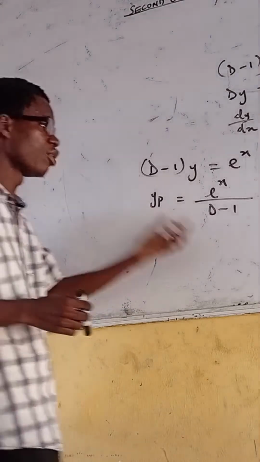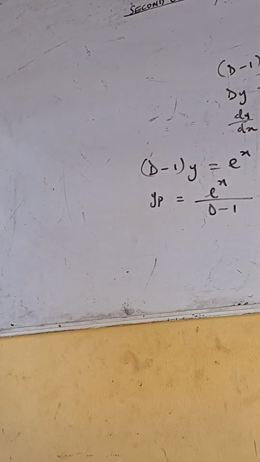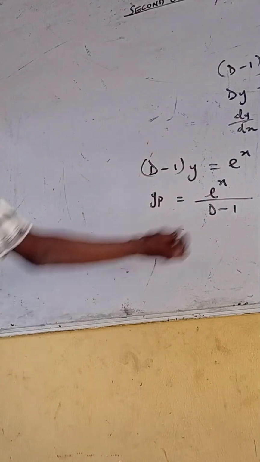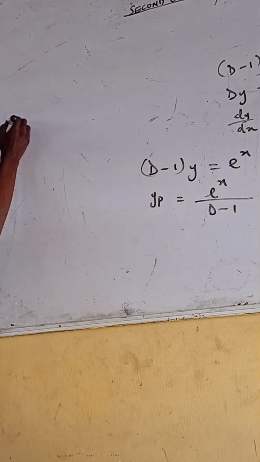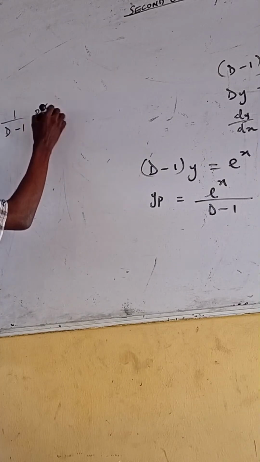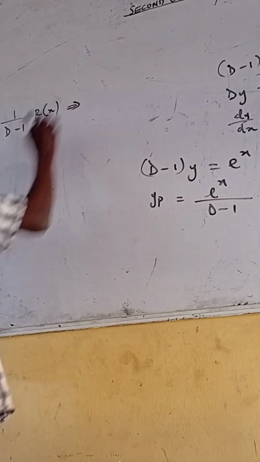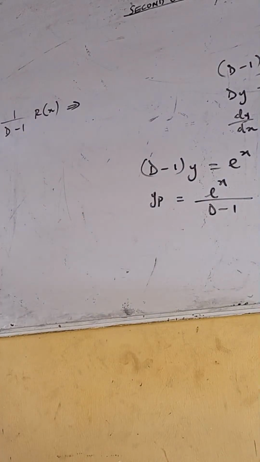Anytime you have something like this, there are 5 formulas you have to know, like a table. Whenever we have 1 over D minus 1 operating on r of x, it is always e raised power x, and they usually use it.